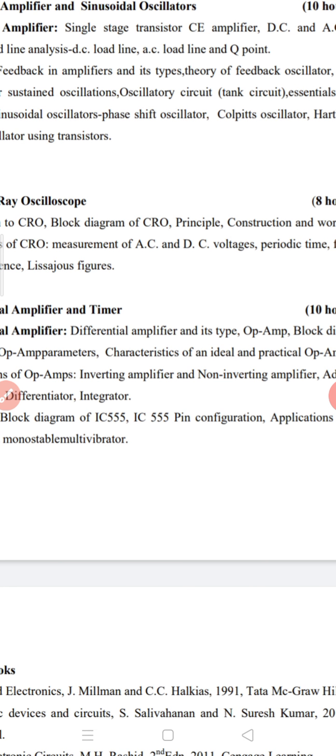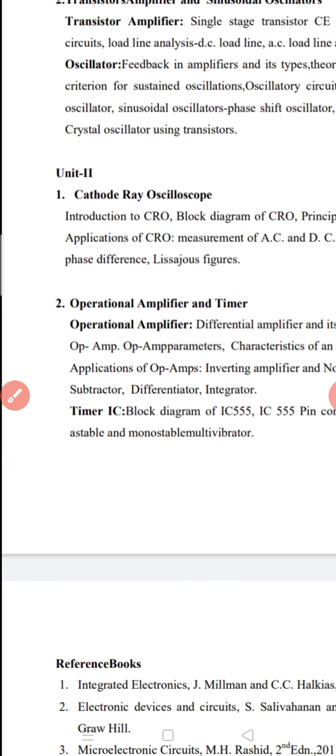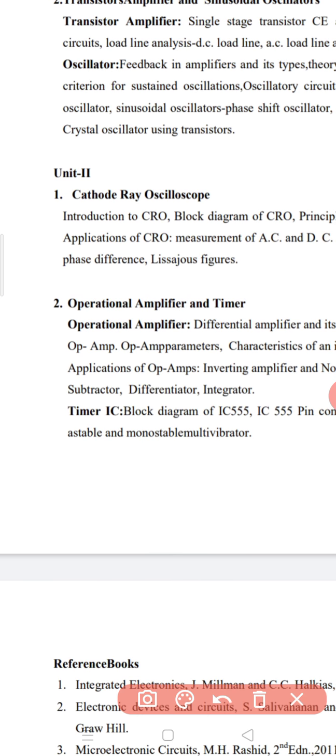There are two terminals of an operational amplifier, the inverting terminal and the non-inverting terminal, so we will look at inverting and non-inverting amplifiers. Then we will see the adder, subtractor and differentiator, the mathematical operations which are done using these electronic devices.